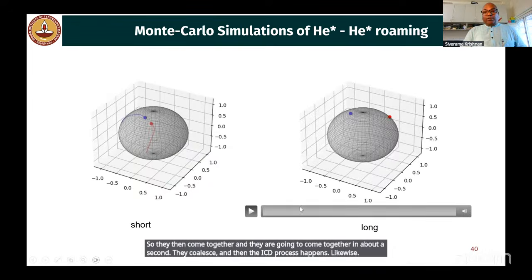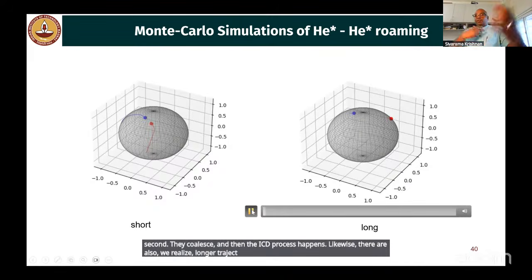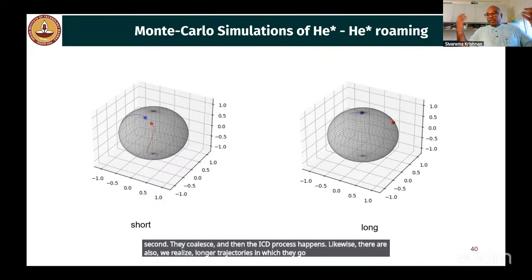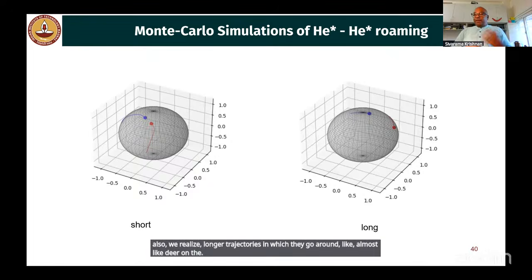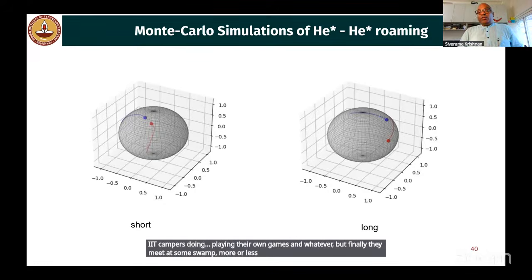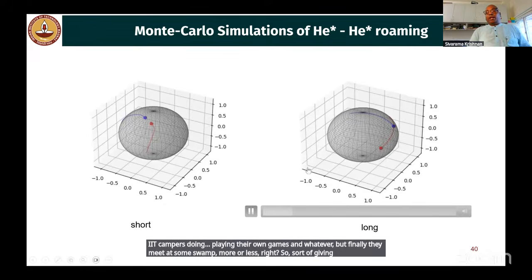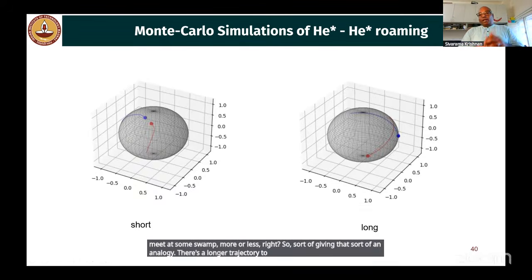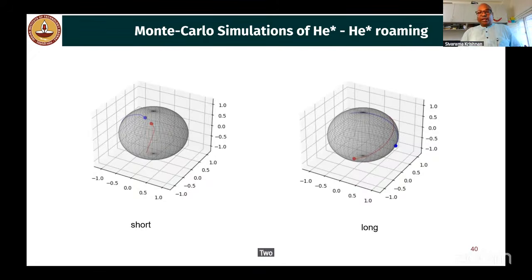Likewise, we realize there are also longer trajectories in which they go around almost like deer on the IIT campus, playing their own games. But finally, they meet at some swamp, more or less, right? So, to give that sort of an analogy, there's a longer trajectory to their meeting as well. So these two kinds of trajectories lead to two different time scales for the dynamics.